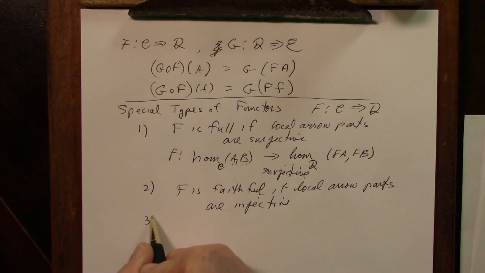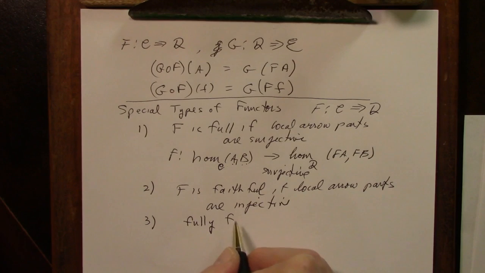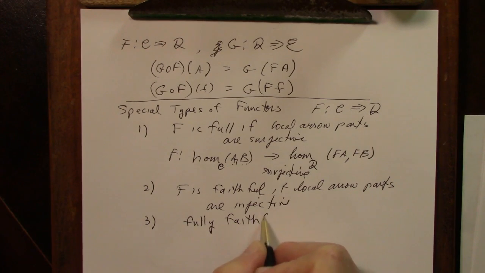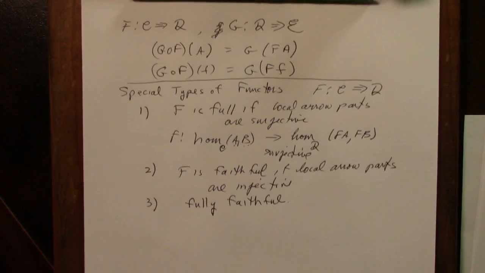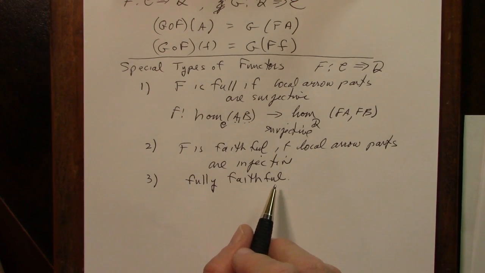And we can combine these two, and we have the term fully faithful. That means both full and faithful. So in that case, the local arrow parts are bijective.